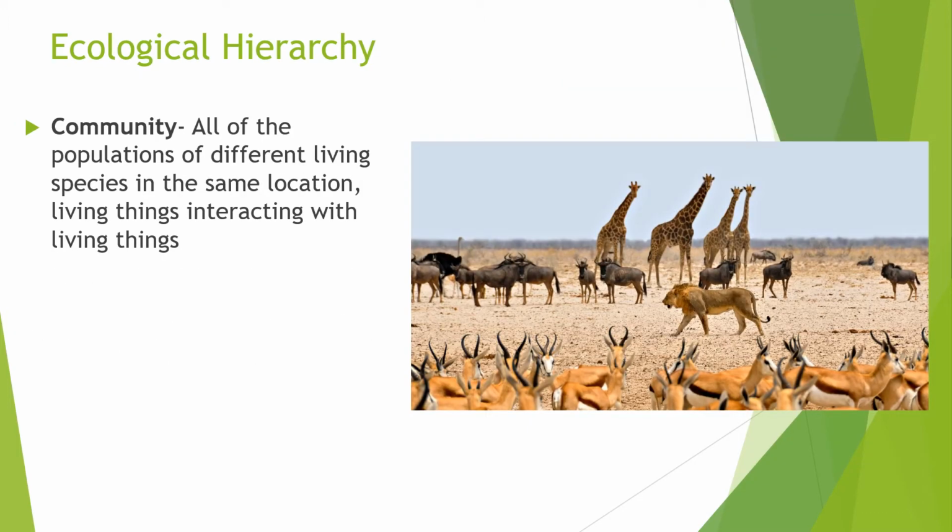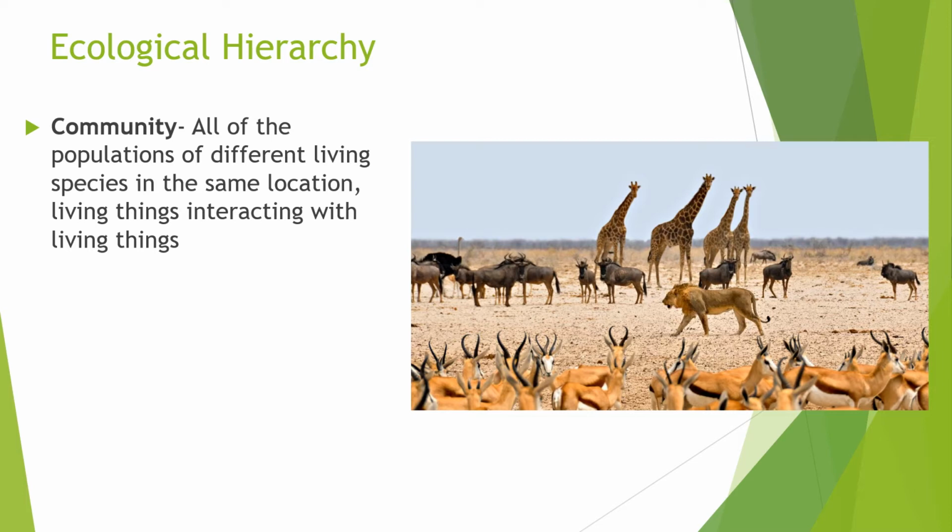Continuing on with our ecological hierarchy, starting way back from the little itty-bitty atom, it doesn't quite end with population. So we learned an organism is an individual. Several individuals of the same species make a population. Well, several populations end up making a community. So all of the different populations of different living species in the same location, living things interacting with living things, is a community.